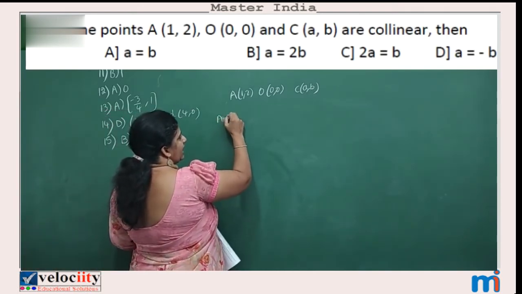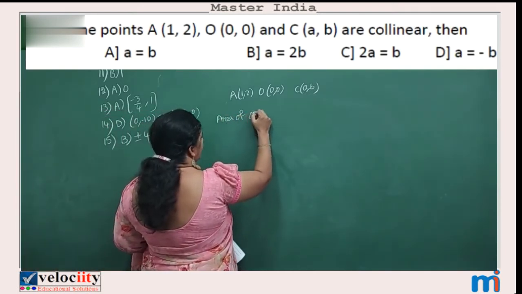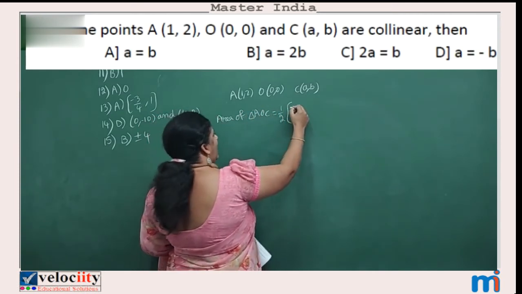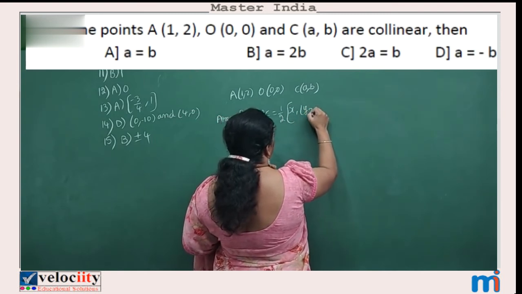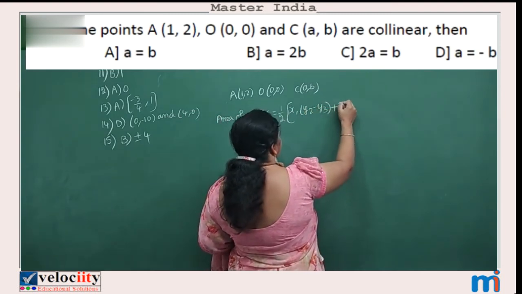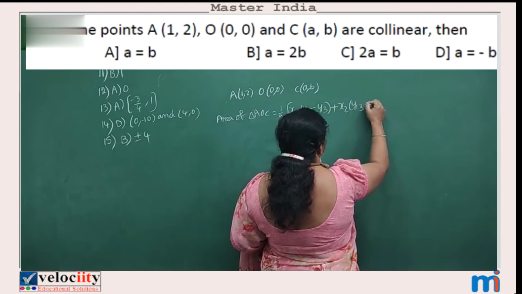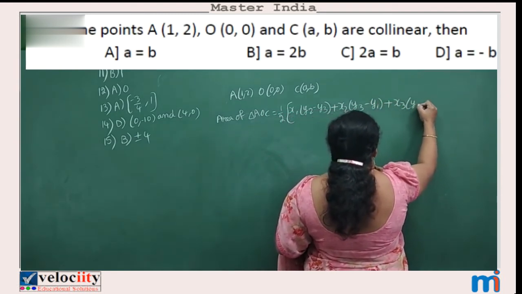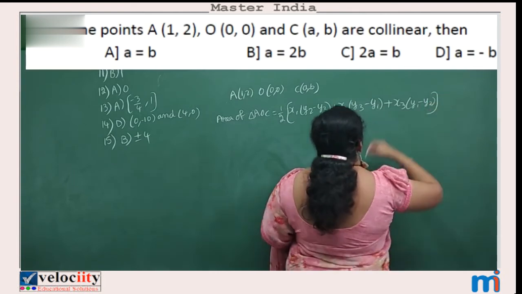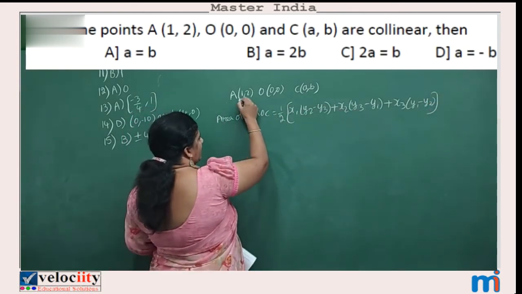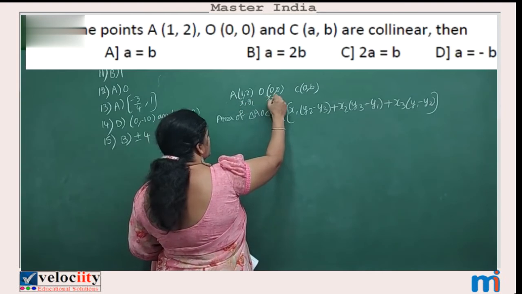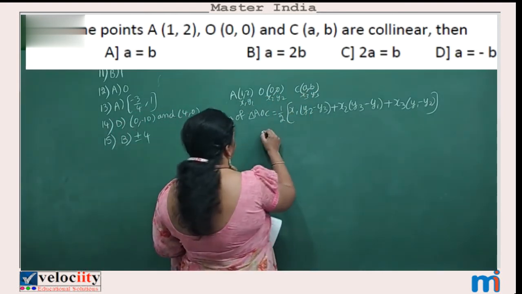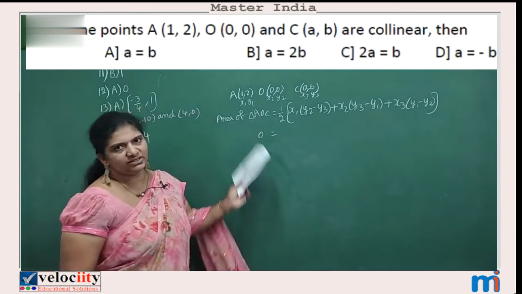Therefore, collinear means area of triangle AOC is equal to, write the formula again, half of x1 into y2 minus y3 plus x2 into y3 minus y1 plus x3 into y1 minus y2. Now mark this x1, y1, x2, y2, x3, y3. They are collinear, so area is equal to 0. You can equate with 0.